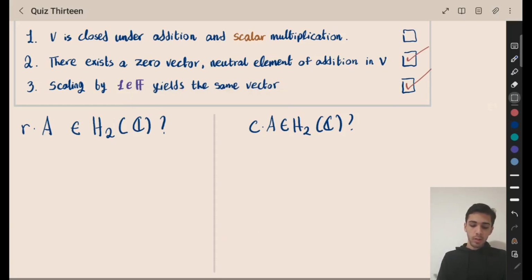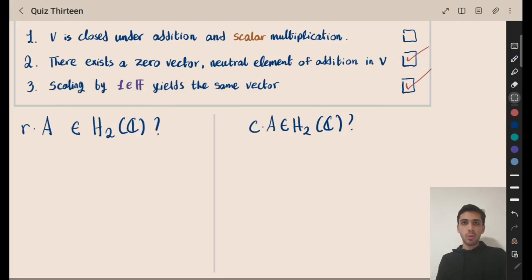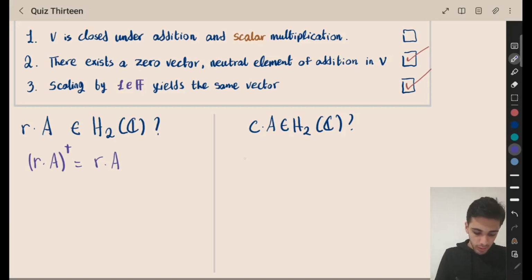So clearly, the scaling by a constant would work if, by definition, (rA) dagger would be equal to rA, correct? Same thing I can say here: (cA) dagger is equal to cA.